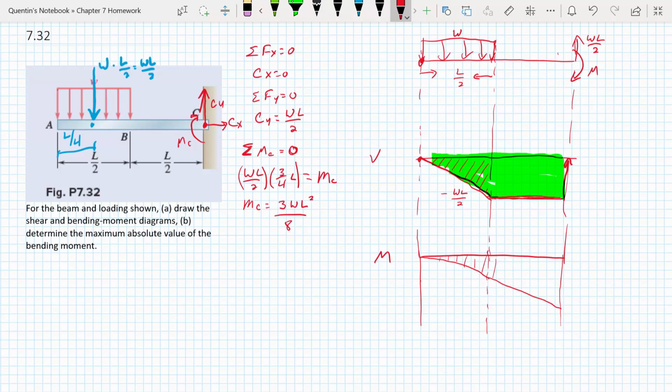So it's actually not too bad, right? Let's think of what this means. What is this value right here?